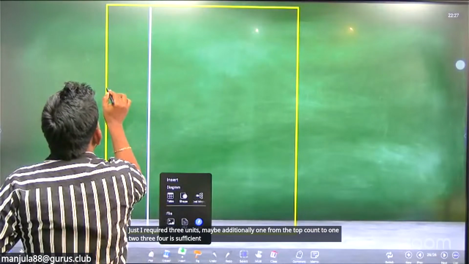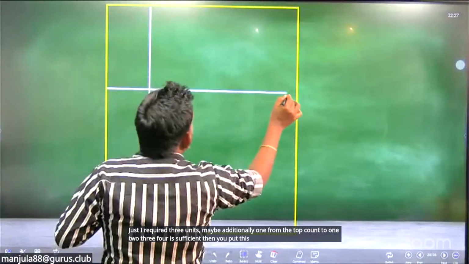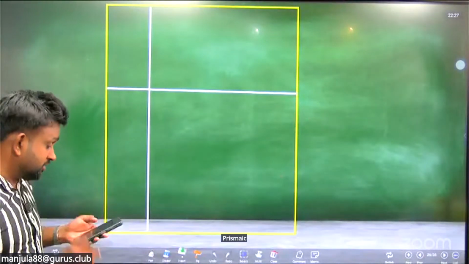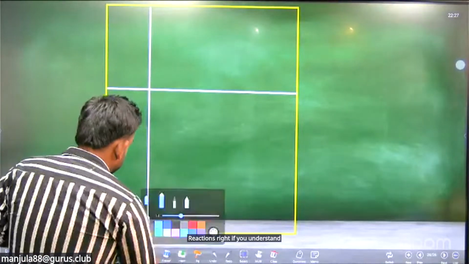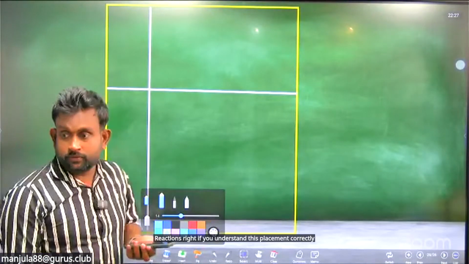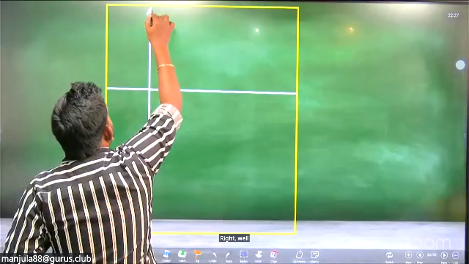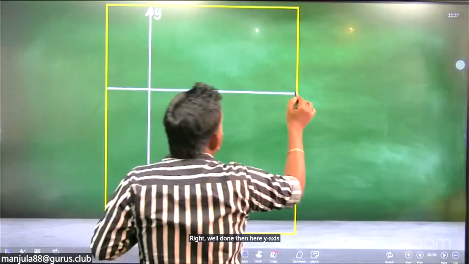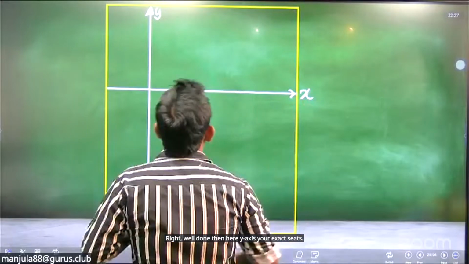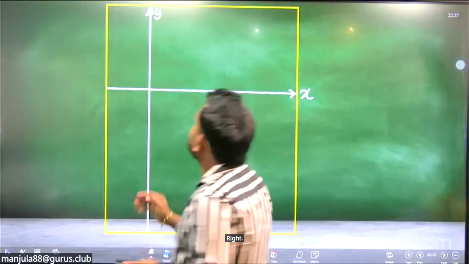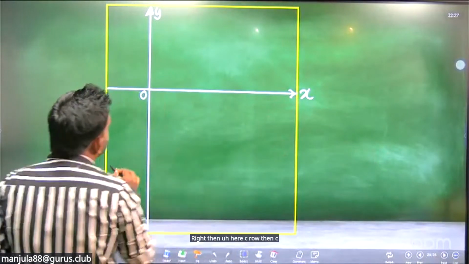Then you put this placement here. Right, well done. Here the y-axis, here the x-axis, and here 0.